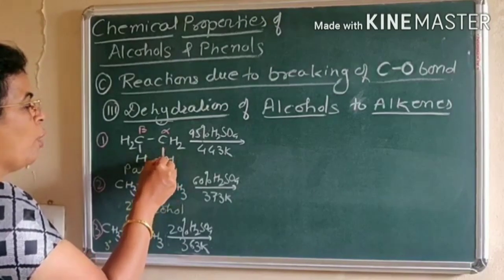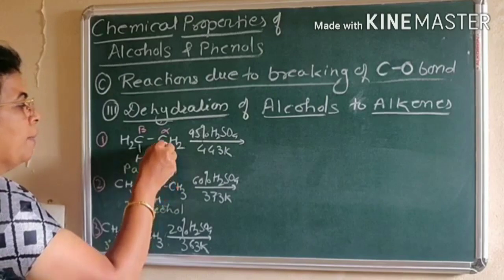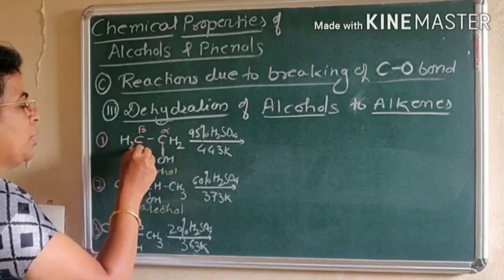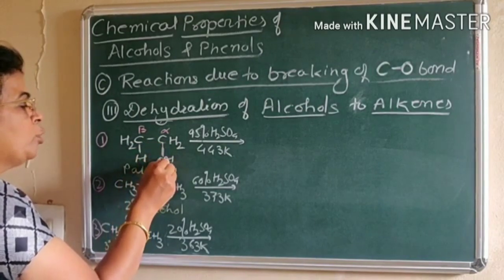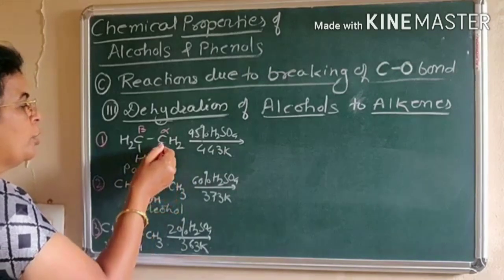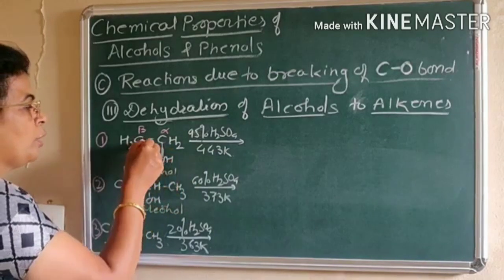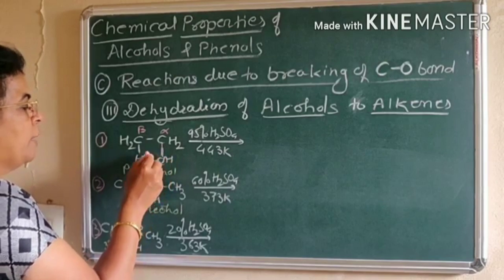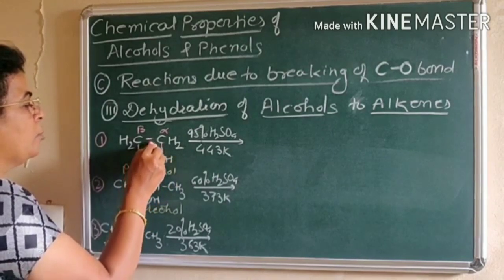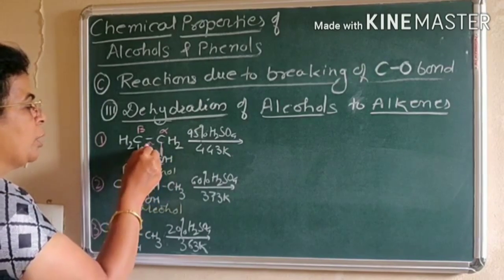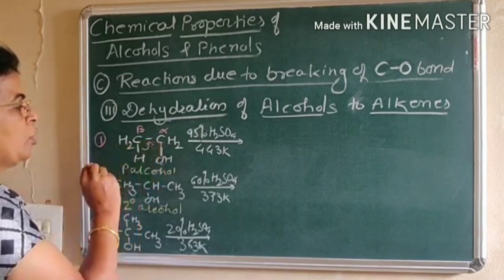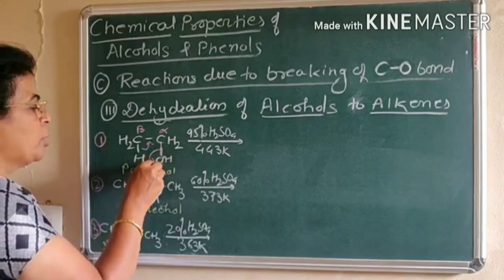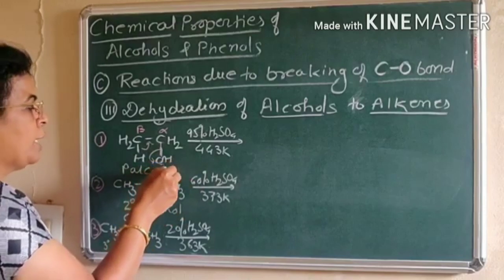This O-H bond breaks. Here also this C-H bond breaks, but this OH group is more electronegative, therefore it withdraws electrons towards itself, and therefore this hydrogen atom is removed as H plus ion by giving both bonded electrons in between these two carbon atoms, and this OH group is removed as OH minus ion.